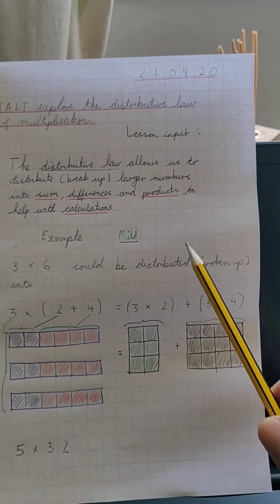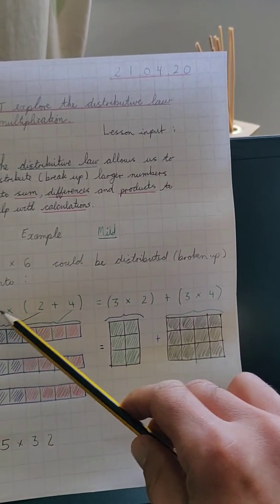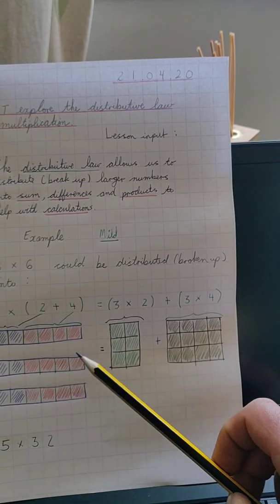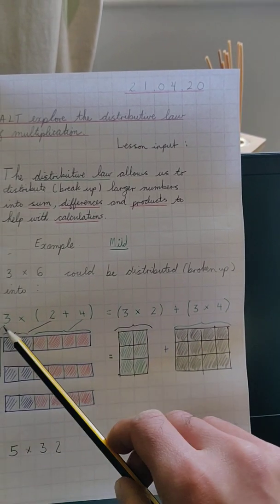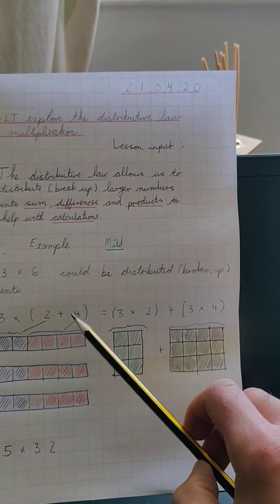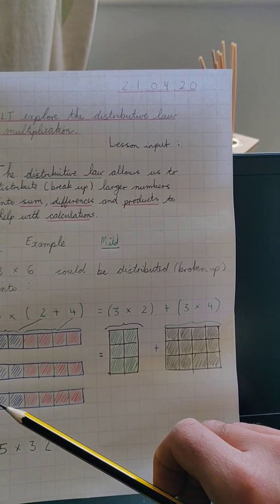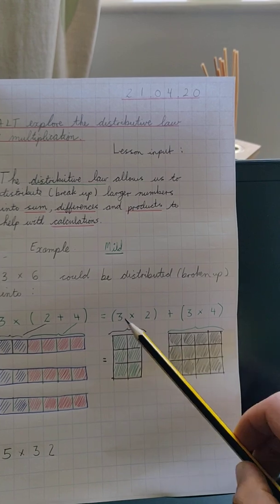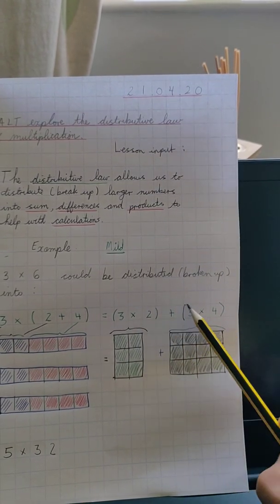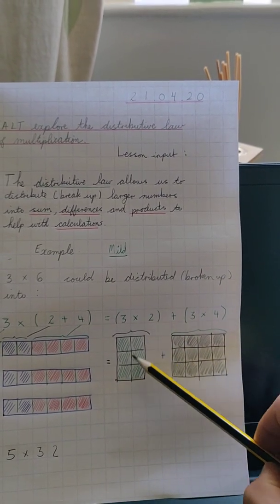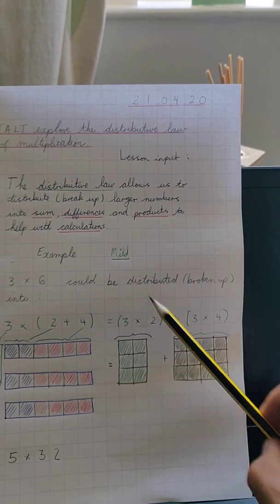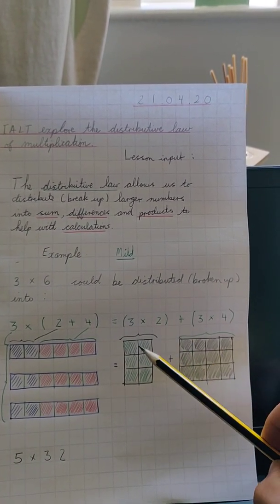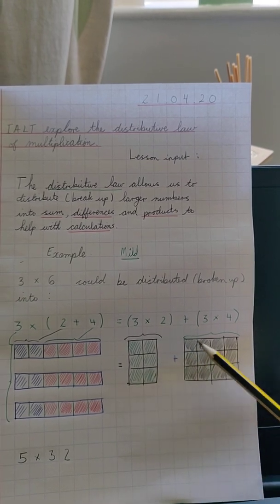So when I distribute it here, I'm going to have my 3 times 2 over here, and I'm going to have my 3 times 4, which I have right here. And when I add these two, the sum, or my addition, remember that the sum is the answer to an addition.